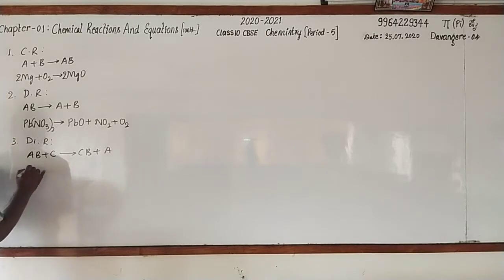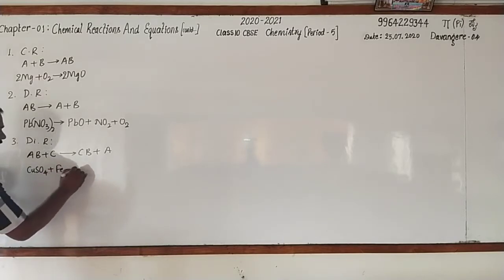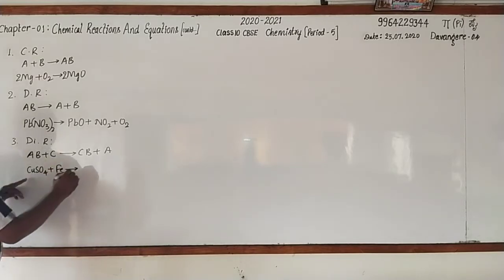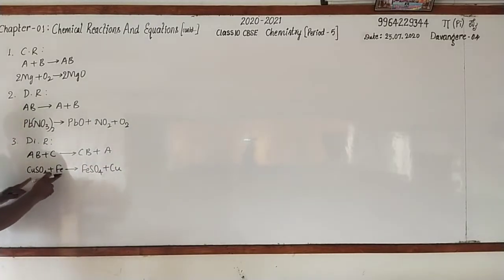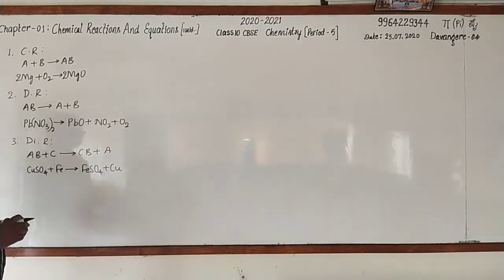Then one example, most familiar to us, is copper sulfate solution. In that, when you place iron, it produces a compound called iron sulfate, and copper gets separated. Here it is because iron is more reactive than copper.